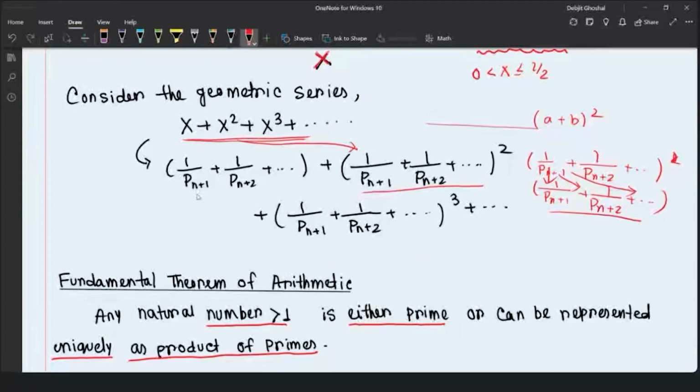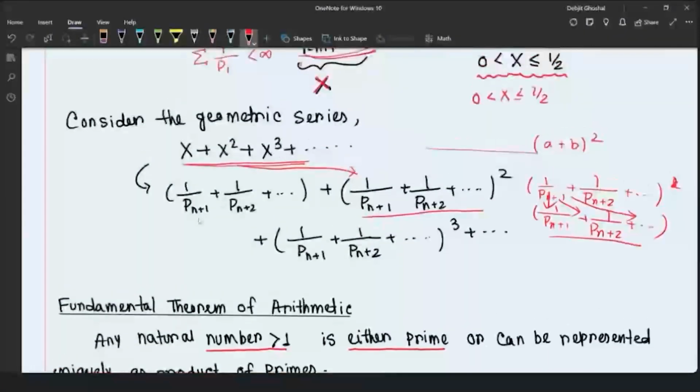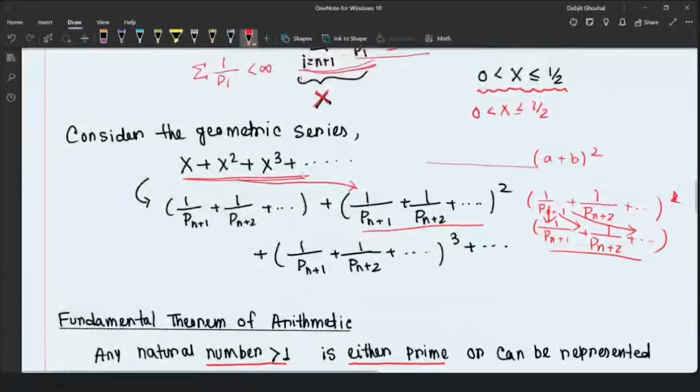That is how the square is defined, and similarly the cube and any higher power. Now, whatever the series would be, the common ratio is less than or equal to half and greater than 0. So this geometric series has to be convergent.